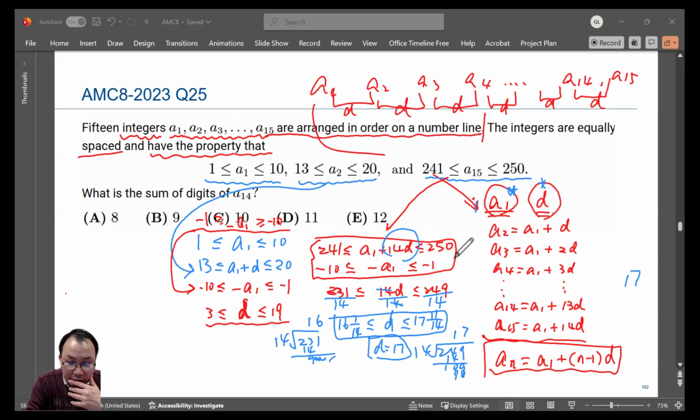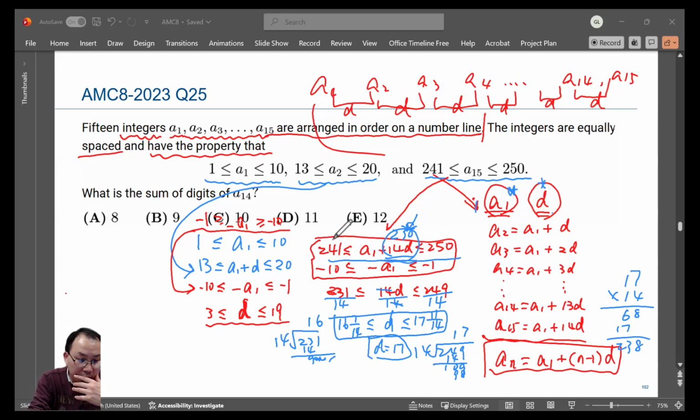We can find the A1 limitation here, right? So 14 times 17, you can get 238. So 14D is 238. So A1, based on here, both three sides minus 238. So you got A1.